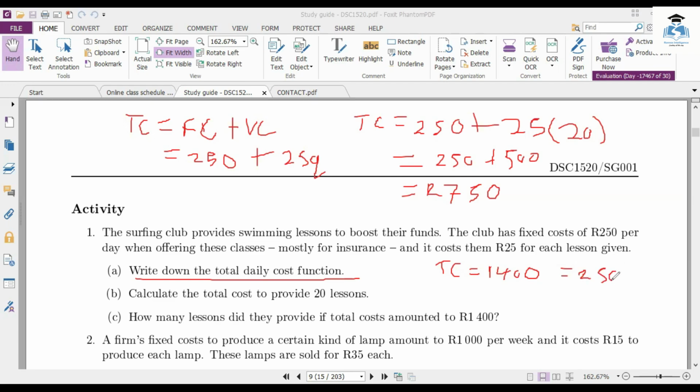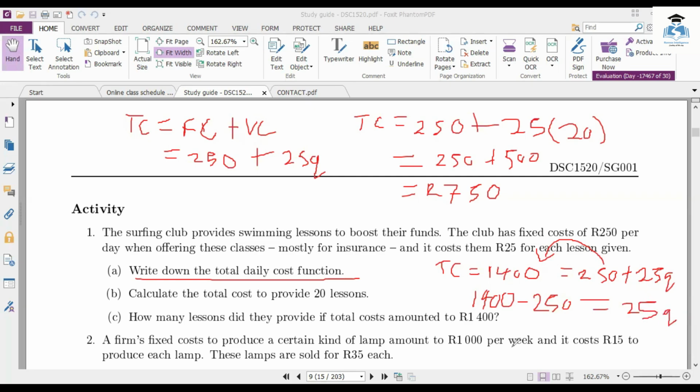Sorry, I meant plus. Okay, and then we're going to do the transformation of 1,400 minus 250. So we are saying this one is coming this side, right? Since it was a positive, now it becomes a negative. It's equals to 25Q.